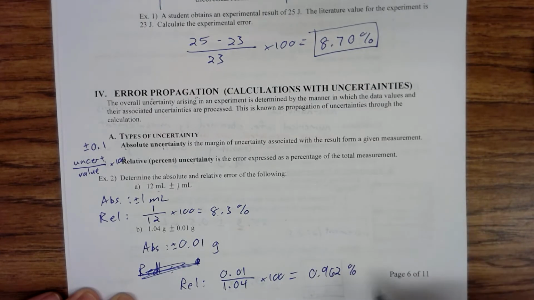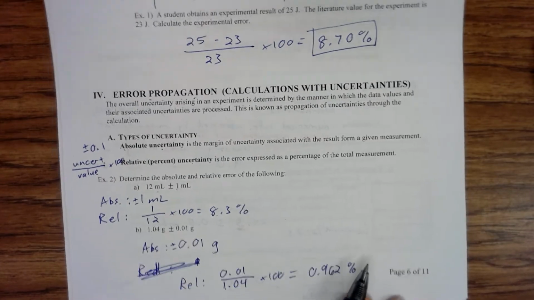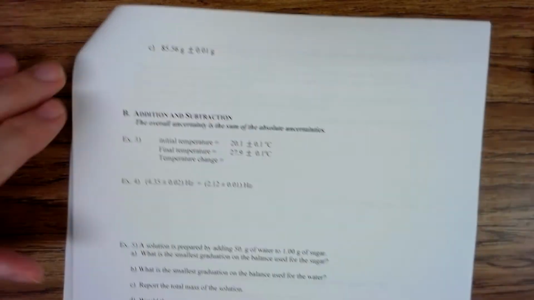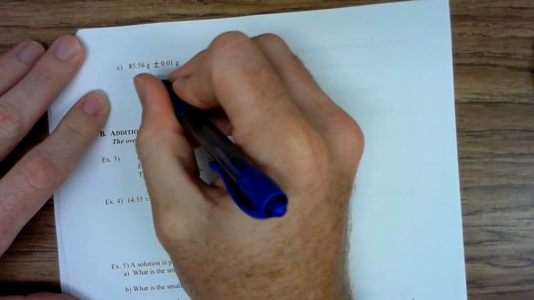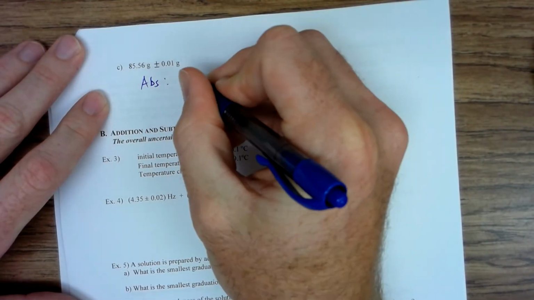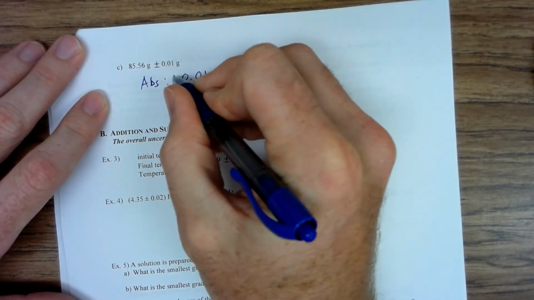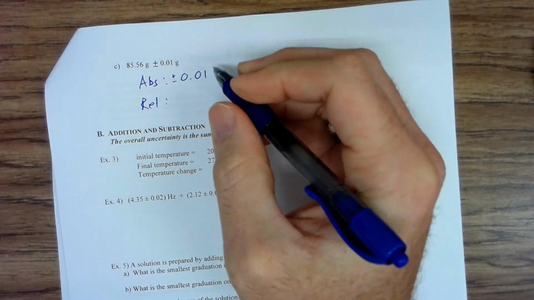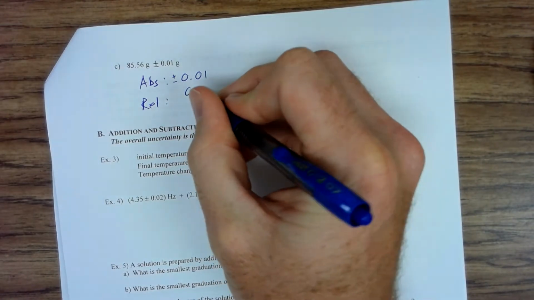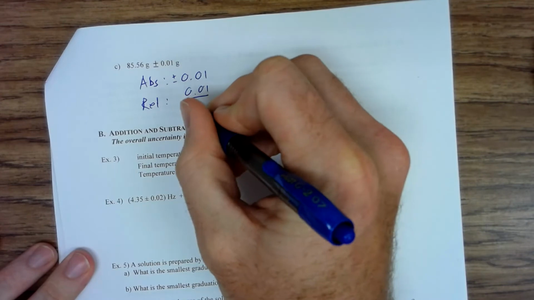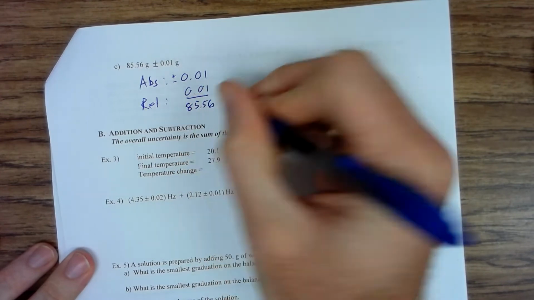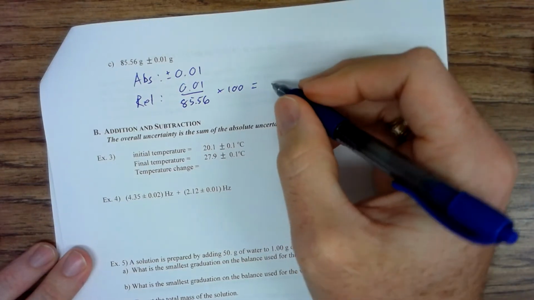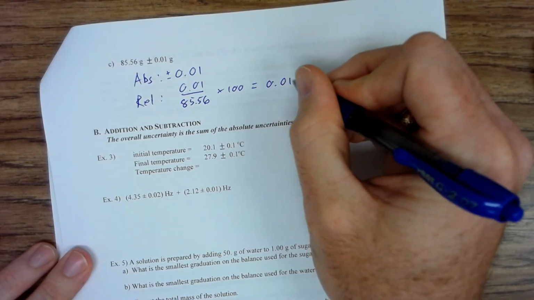Now, you'll see later why it's not going to make a big difference on how many sig figs you have. So on this one, your absolute uncertainty is 0.01, and your relative uncertainty is going to be 0.01 divided by 85.56 times 100. And that's going to be 0.0117.